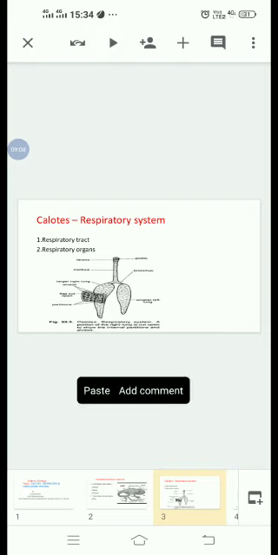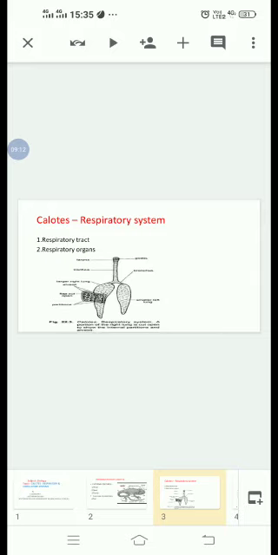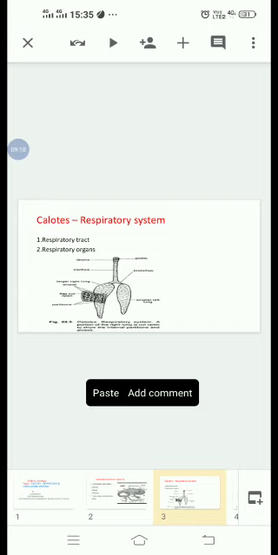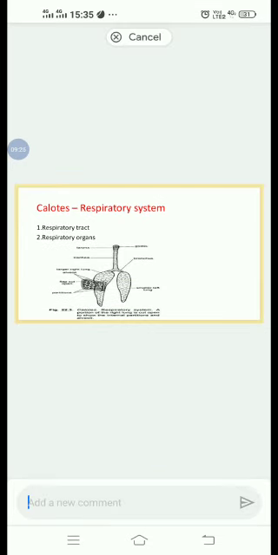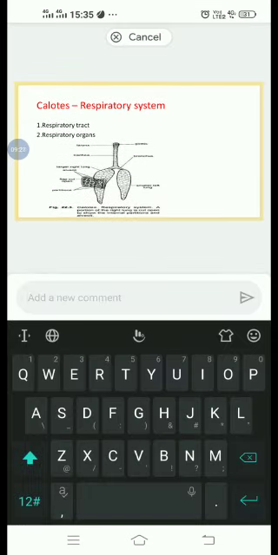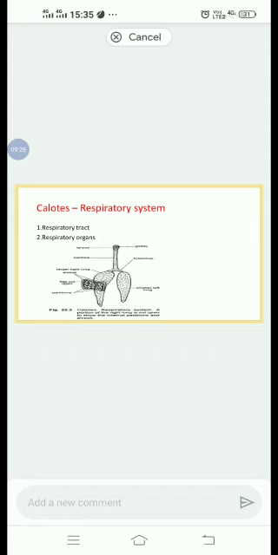In the thoracic cavity, the posterior end of the trachea bifurcates into two small narrow tubes called bronchi. Each bronchus leads into a lung. This is the respiratory tract.